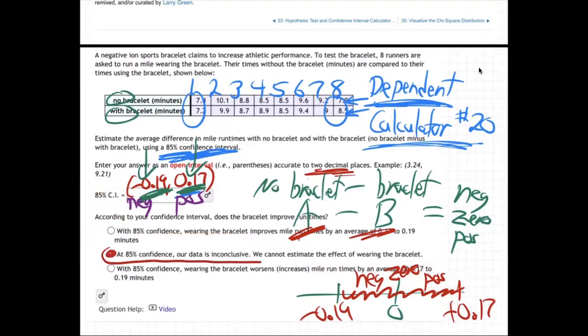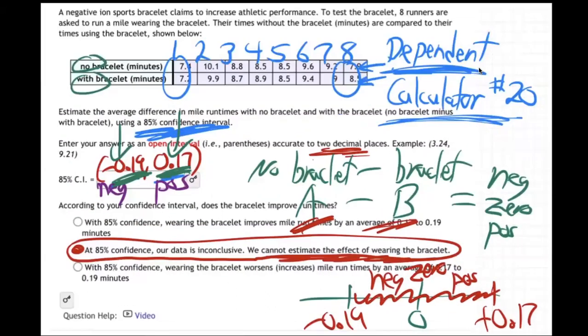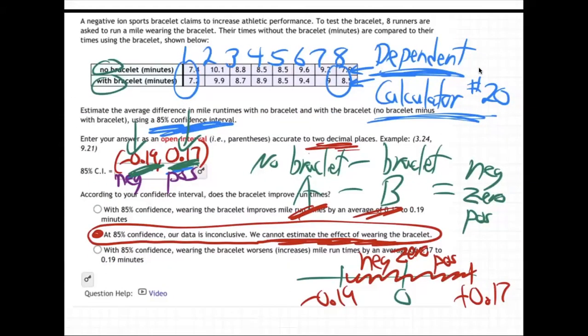So our answer is right here. At 85%, our data is inconclusive. We cannot estimate the effect of wearing the bracelet. We just don't know if it's negative, positive, or 0, what the true difference is going to be for all people that ever use the bracelet. We just don't know from the data we got, from the times of the runners we got here. It's just too wishy-washy. They're too close.